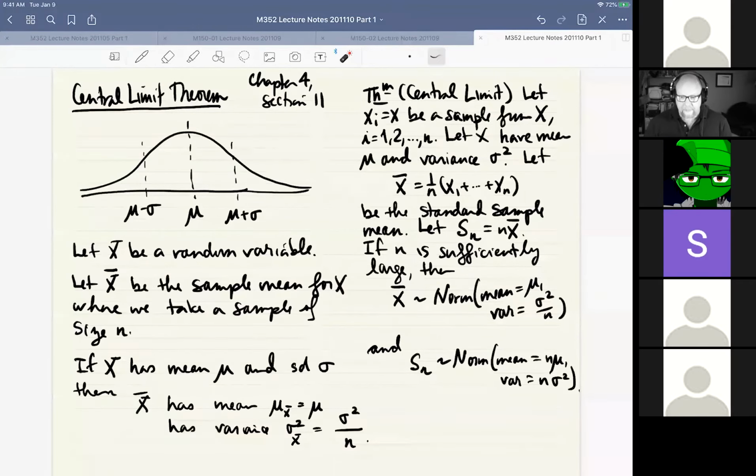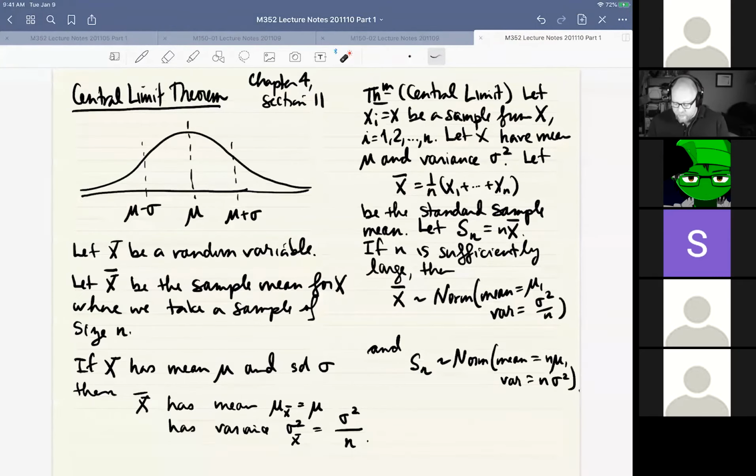So a couple comments that I want to make about the central limit theorem, and then we'll do some examples. The first comment is that this part is not new. We have already seen that if you start with a random variable and you calculate the sample mean from that random variable, the sample mean will have mean mu and will have variance sigma squared over n.